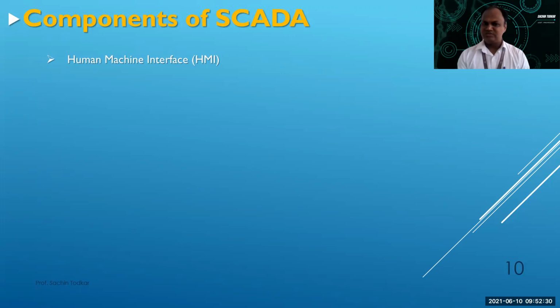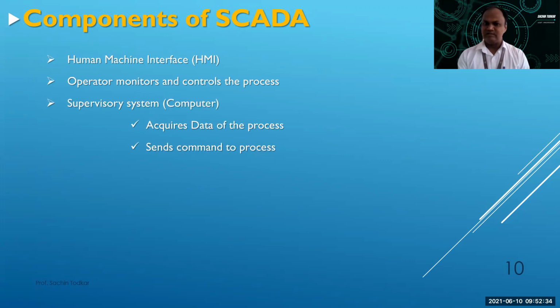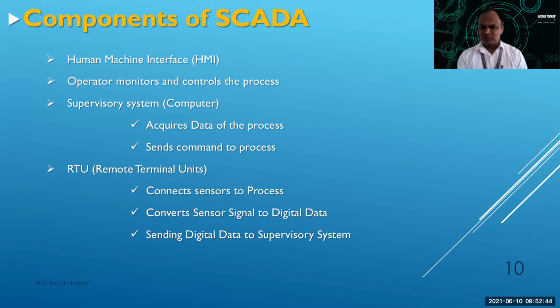It is human machine interface actually. Operator monitors and controls the process in one place. So supervisory system is with computers. It acquires the data of the process and sends command to the process. RTU, that is a remote terminal unit, connects sensor to process. It converts sensor signal to digital data and sends digital data to supervisory system. So this will be the function of RTU.